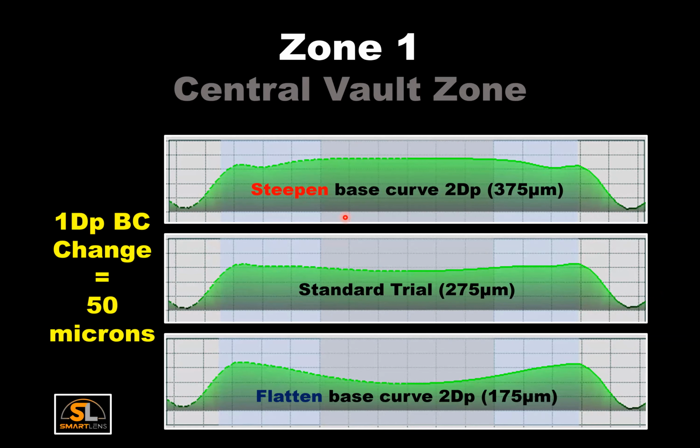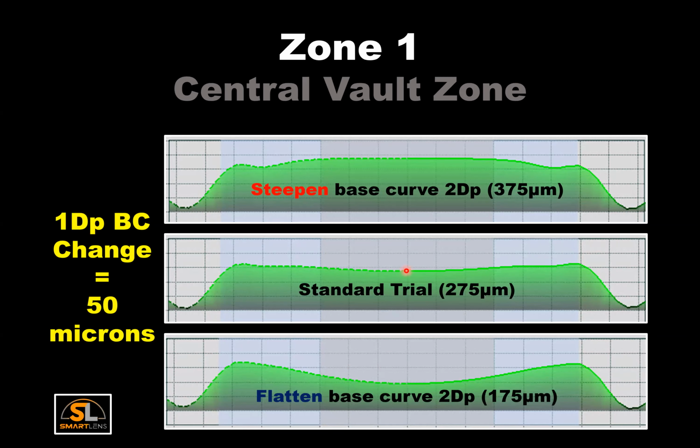So in other words, every 1 diopter of base curve change equates to a sagittal change of 50 microns. So if I have too much sagittal depth in my trial lens and I want to take away 100 microns, I could flatten the base curve by 2 diopters, 2 times 50 microns. I'm taking away 100 microns of sagittal depth. So the base curve can be used to alter the central apical clearance of the lens.